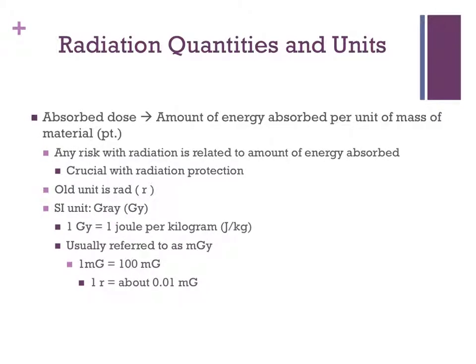Moving on to absorbed dose, this is radiation dose, the amount of energy absorbed per unit mass of material. Any risk associated with radiation is related to the amount of energy absorbed, and this quantity is particularly important in radiation protection. The old unit of absorbed dose is the rad, and the SI unit is the gray. 1 gray is equal to approximately 1 joule per kilogram.